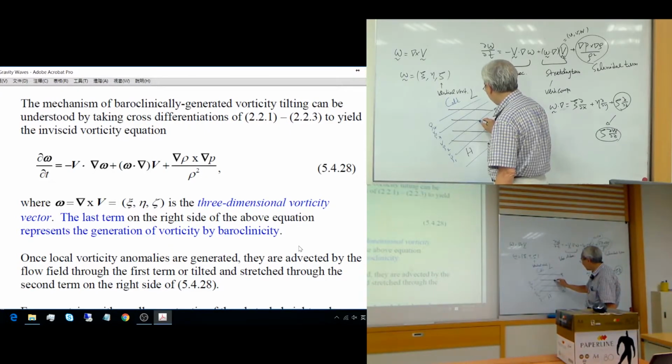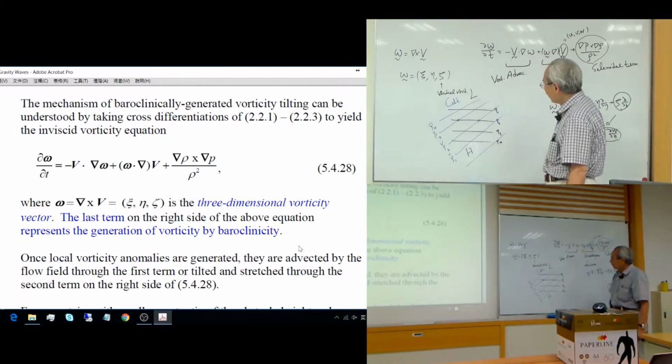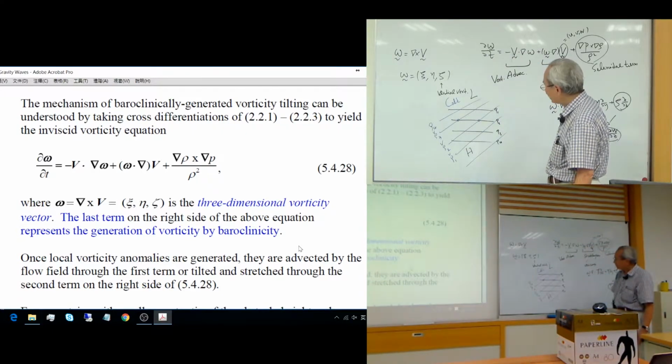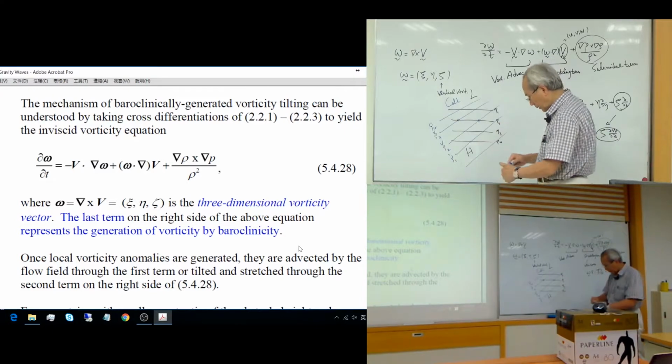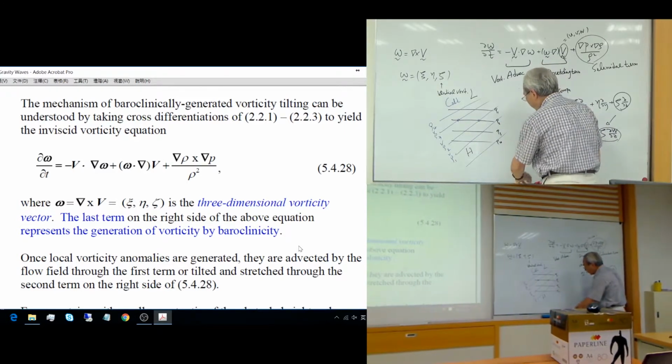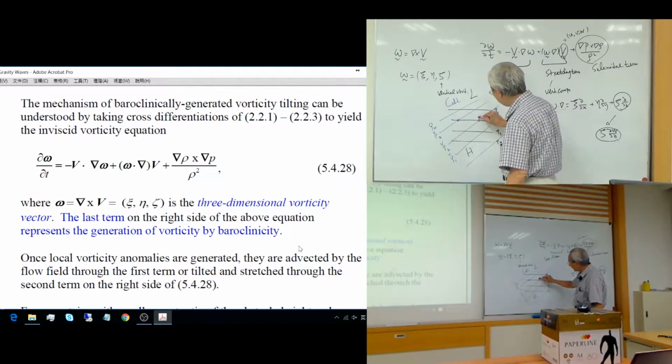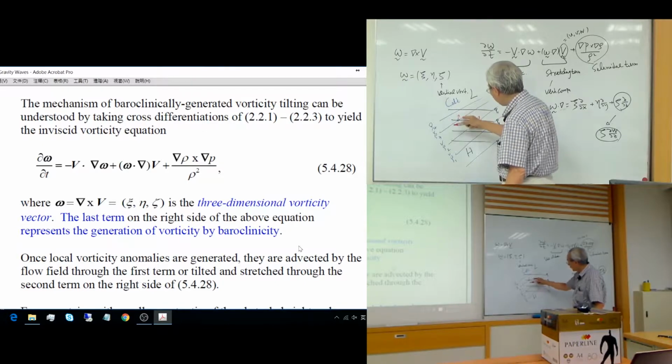If you look at these two points, what's the pressure gradient force? We have pressure gradient force in this direction. Which one is larger?